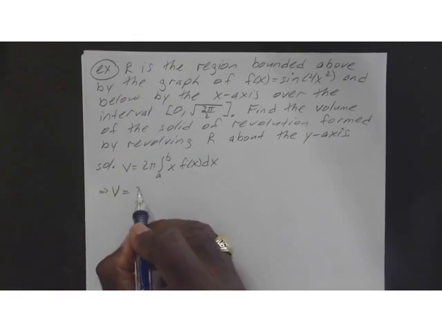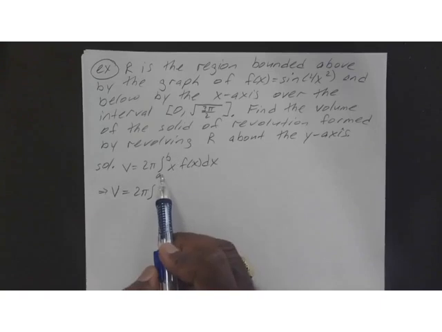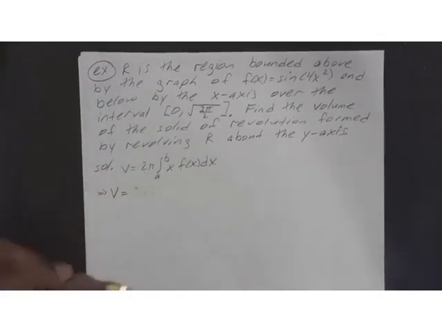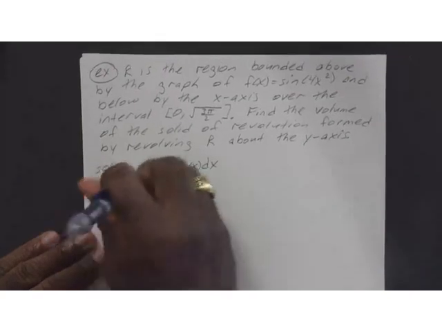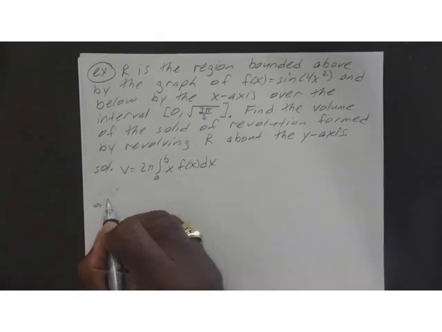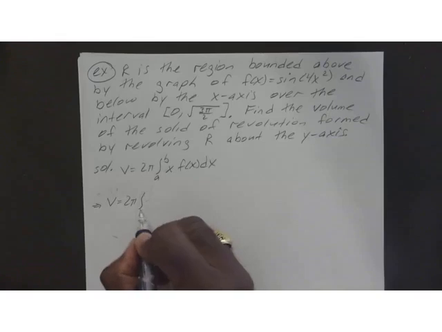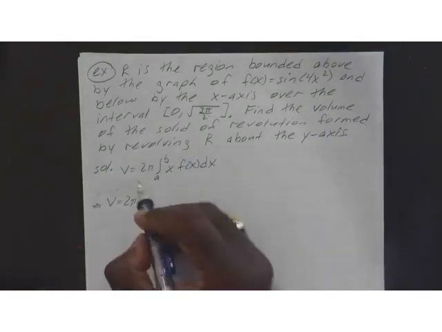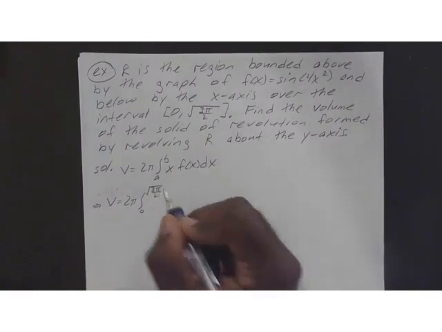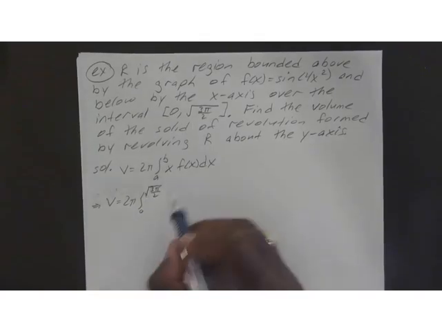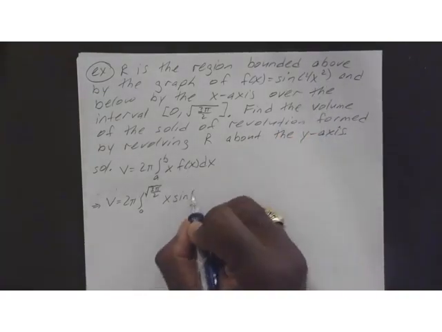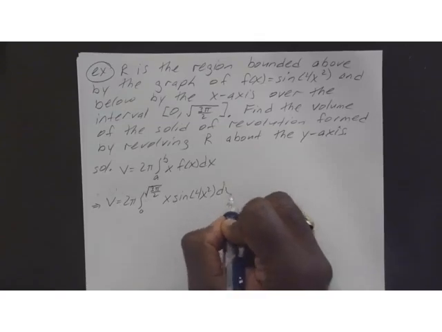So that means our volume will equal 2 pi times the integral from 0 to the square root of 3 pi over 2, of x times f of x, so x times sine of 4x squared, with respect to x.